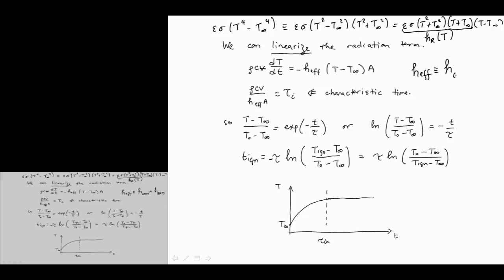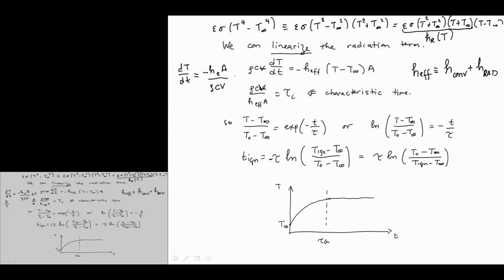as you know, because this is a first order system, there's a characteristic time associated with this process. If we looked at this as dT/dt, we see that dT/dt is equal to minus h effective A over rho CV times our delta T. Given that this has units of Kelvin per second, the right-hand side must also have units of Kelvin per second.